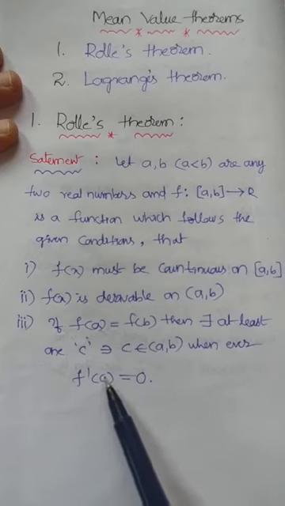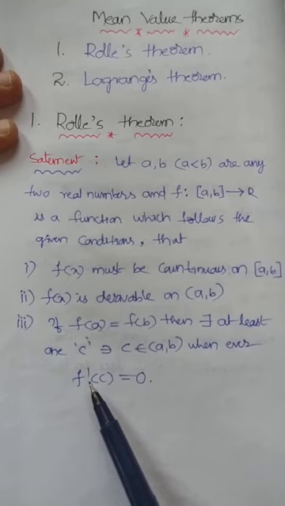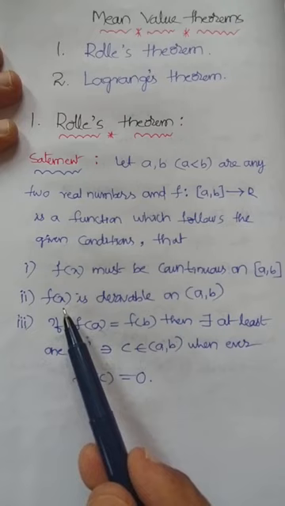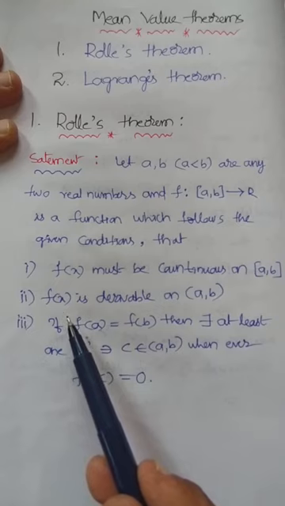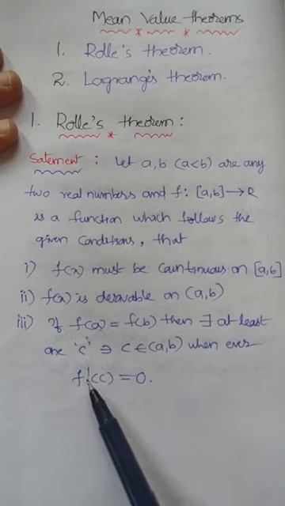How would you get f dash of c for any c value? Before that you have to find f dash of x. The second step is to find f dash of x. From that f dash of x, you could get the f dash of c value.